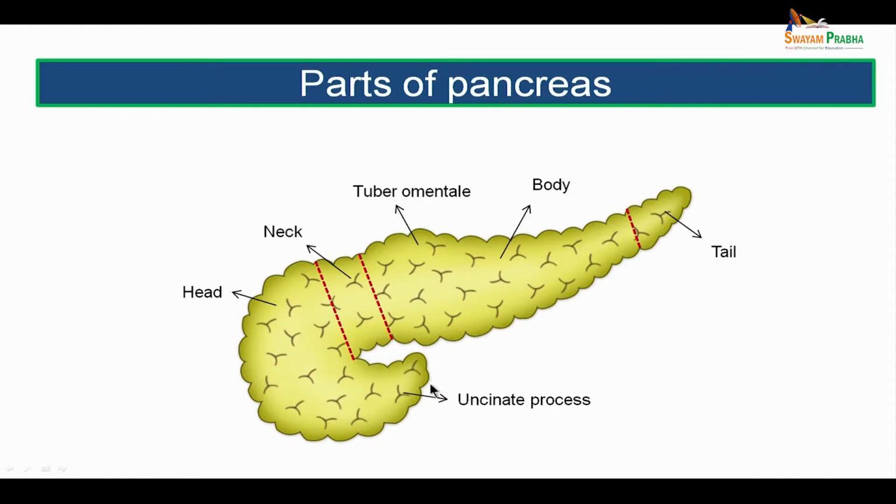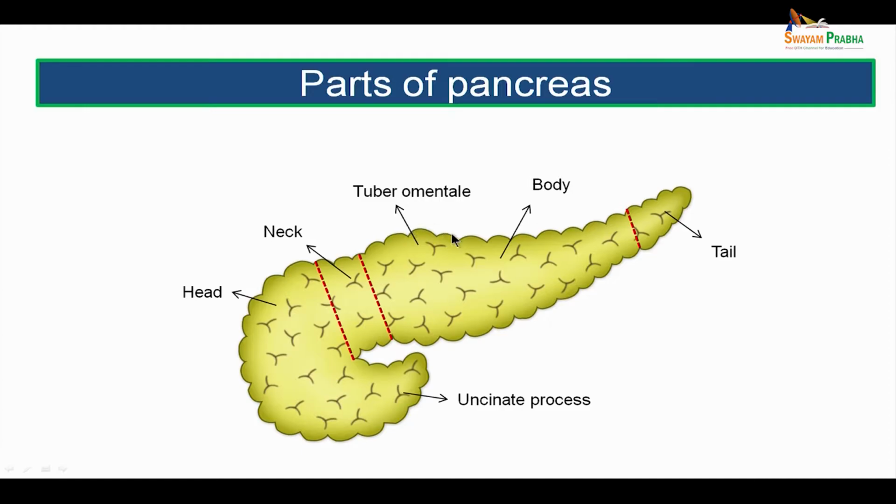It has a process on its inferior aspect which is the hook-like uncinate process. Next comes the narrow neck which further continues as the body of the pancreas, which then tapers and ends in the tail, which is related to the hilum of the spleen.